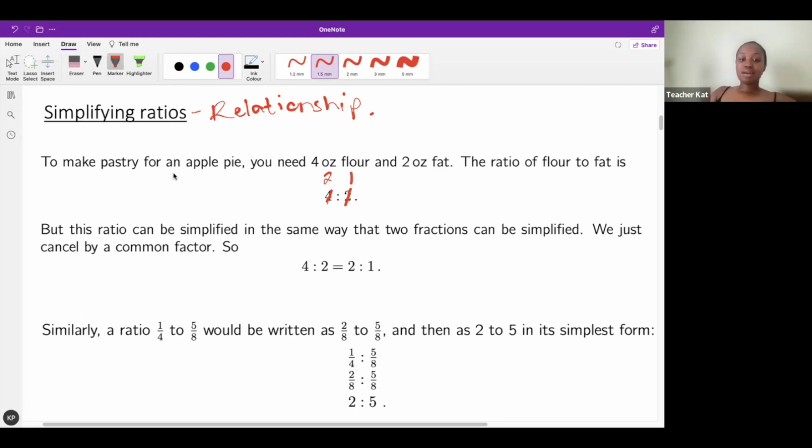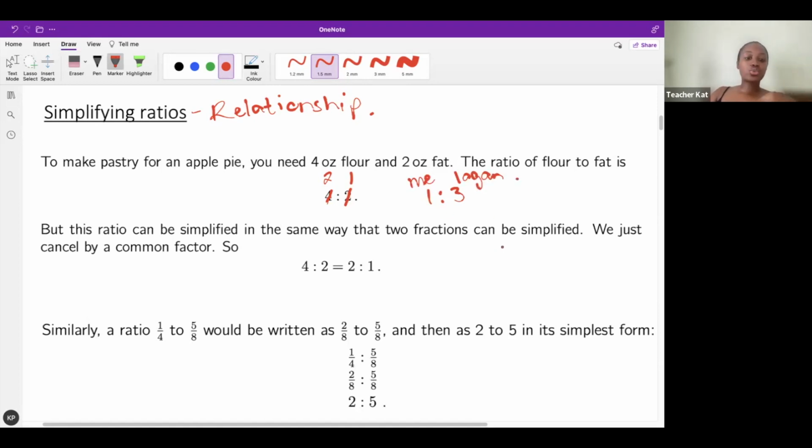So for instance, if I say, for every 1 sweet I give myself, I will give Logan 3, right? So let's say these are sweets. So this is me, and this is Logan, and this is the ratio.